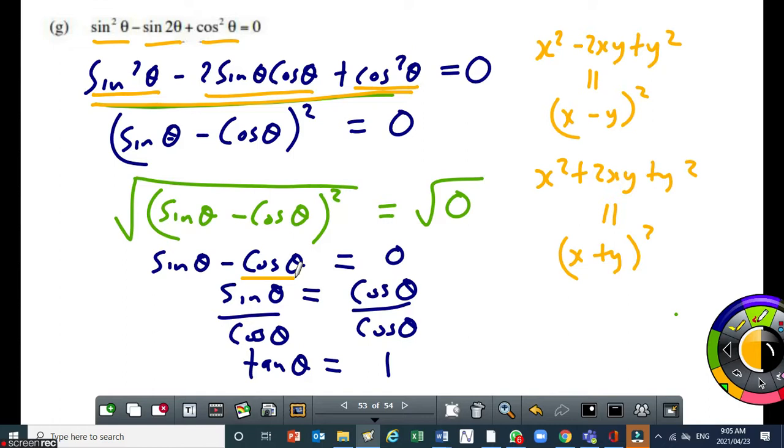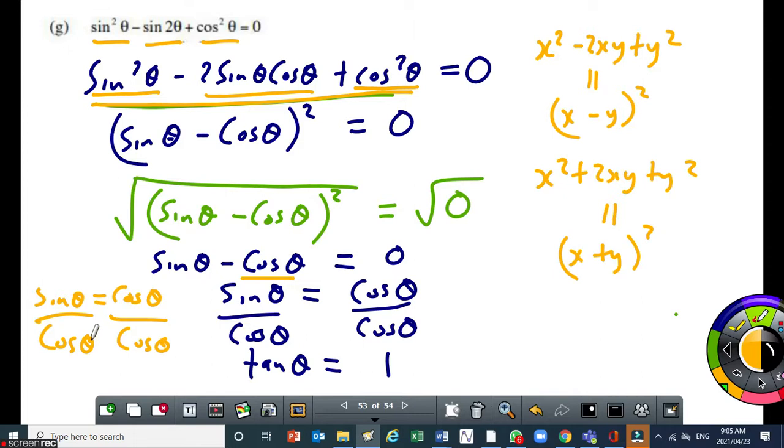Then I realized that I cannot solve the equation sine theta equal to cos theta as it is. So what do we do? Create tan. Divide both sides by cos theta, not by sine theta. Then you get the tan on the left and 1 on the right. So you end up having the equation tan theta equal to 1.